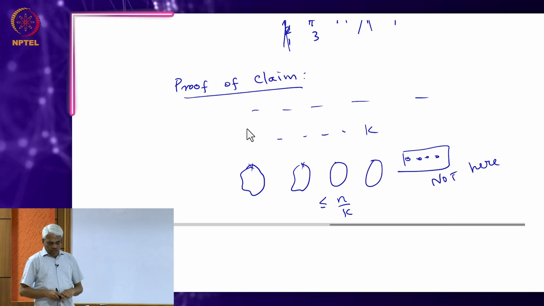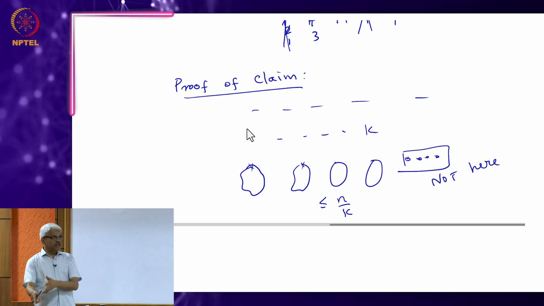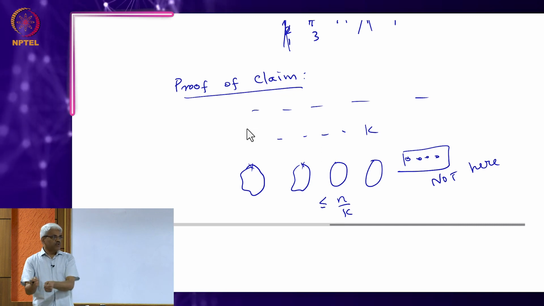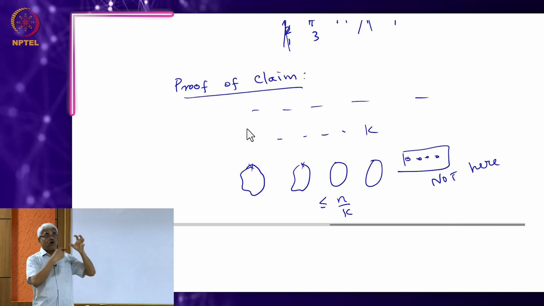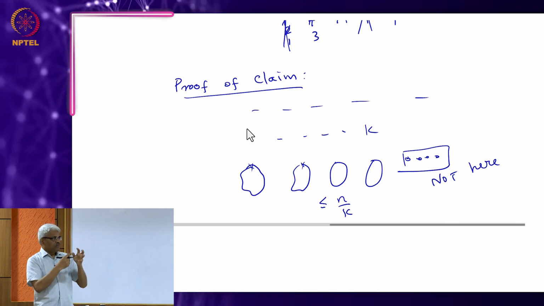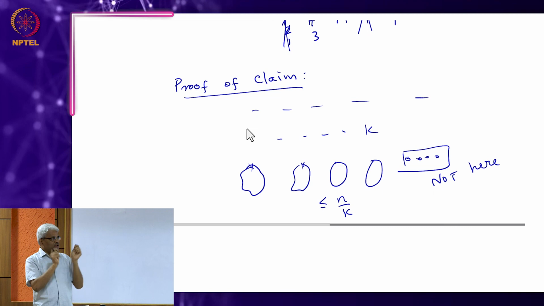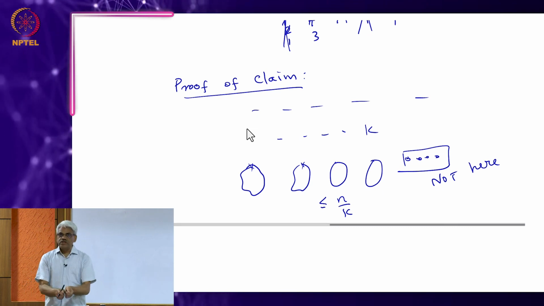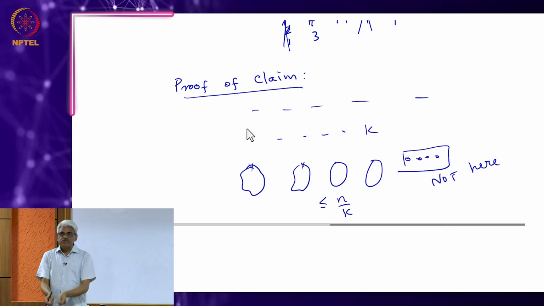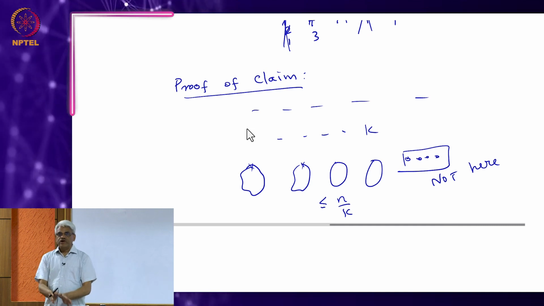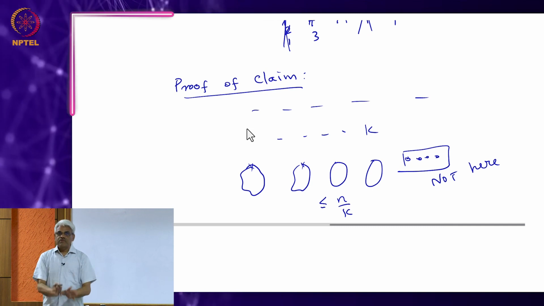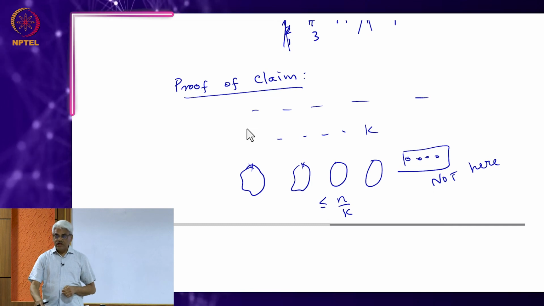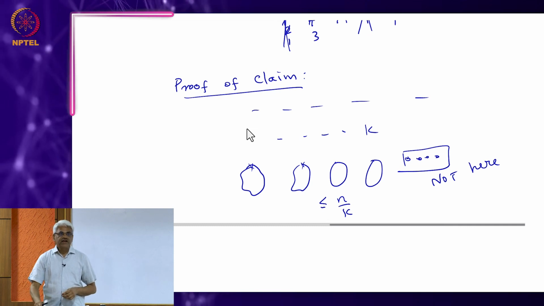And any element not in this final list can appear at most once in each group, because each group has all distinct elements. That's it, end of story. So, any element not in this final list can appear at most once in each of the groups. The number of groups is at most n by k. So, their frequency can at best be n by k, not strictly more. The only possible candidates here are the ones whose frequency is strictly more than n by k.